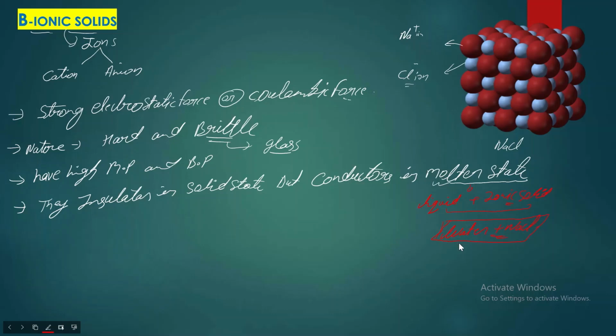When you add some amount of salt in water, then you observe the intensity of flow of current in the solution is high as compared to pure water. Now, there are some examples of this solid: NaCl, CuSO4, zinc sulfide, sodium nitrate, and magnesium oxide, and so on. This is all about ionic solid.